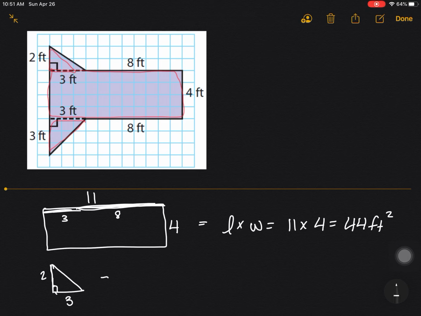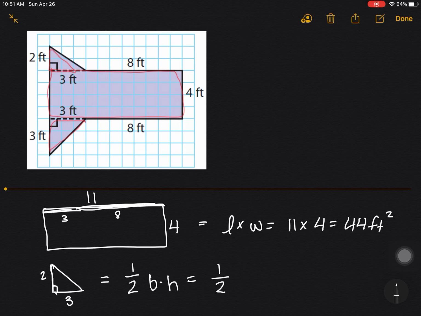So remember that the area of a triangle, again, looking back at your reference sheet, is 1/2 your base times your height. Now, in this case, when we're looking at this triangle, we want to make sure that we are calculating our base and our height correctly. So we want to make sure that we're putting 1/2 times our base times our height.